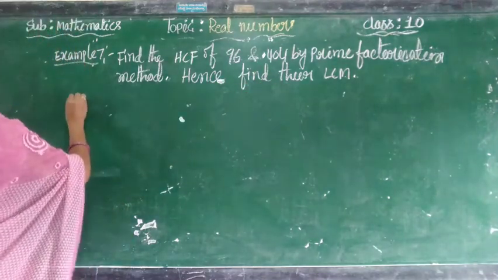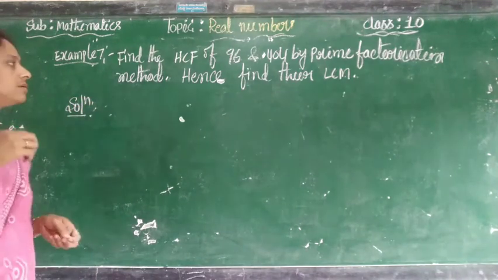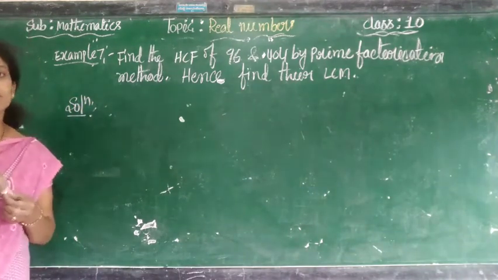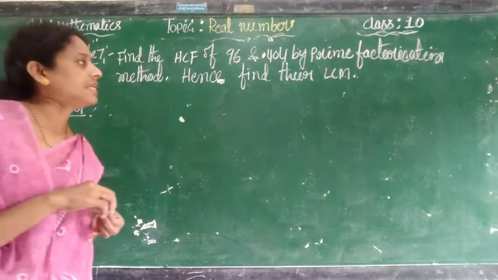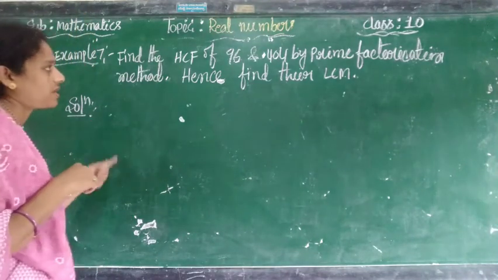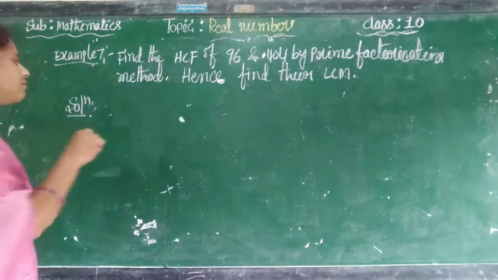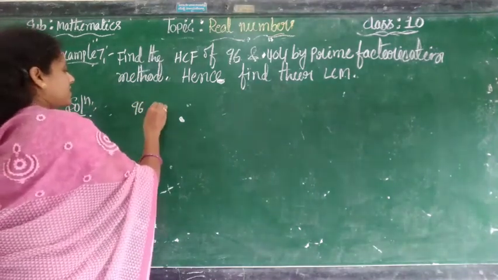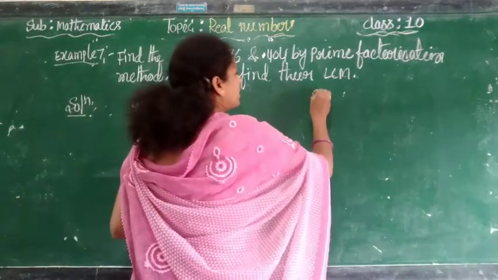So solution. First, we apply prime factorization method of 96 and 404. First 96 and 404.